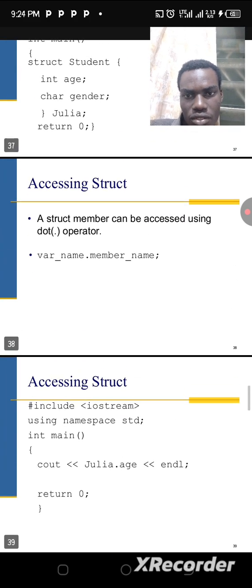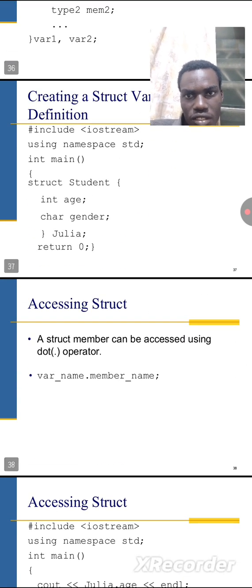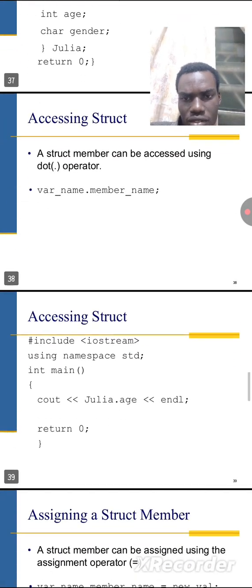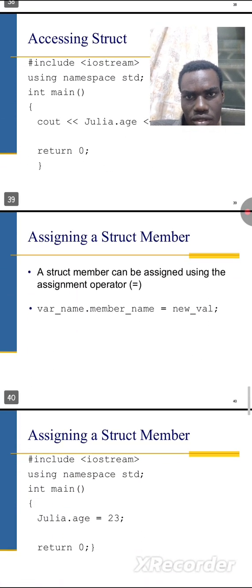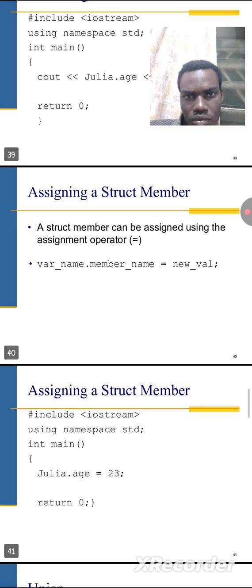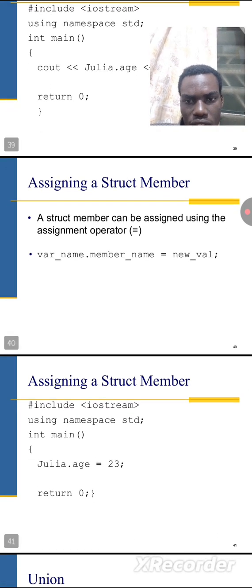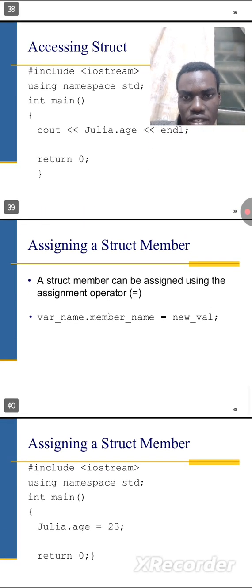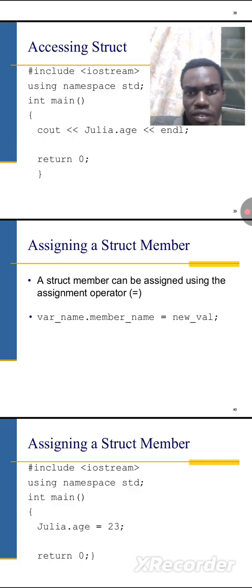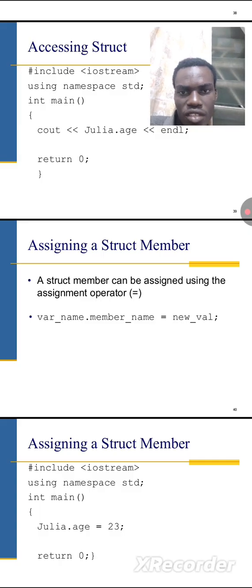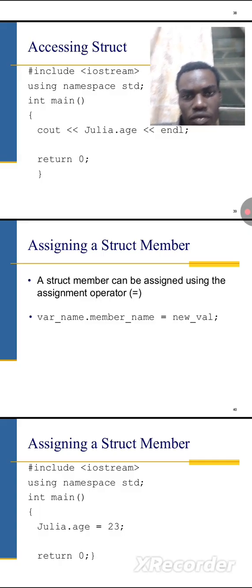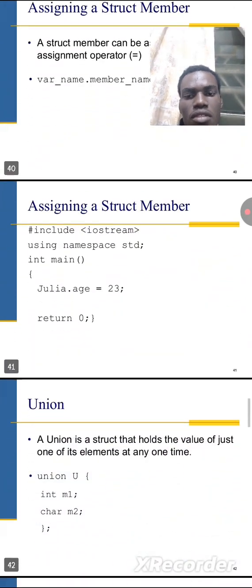So you can see Julian age, and then it prints out whatever is in age. Now we have assigning a struct member. So you first need to have the variable name, and there's a dot. After you're giving the variable name, you have to bring the dot, and then you call out the member, and you put in the value which you want to put in.